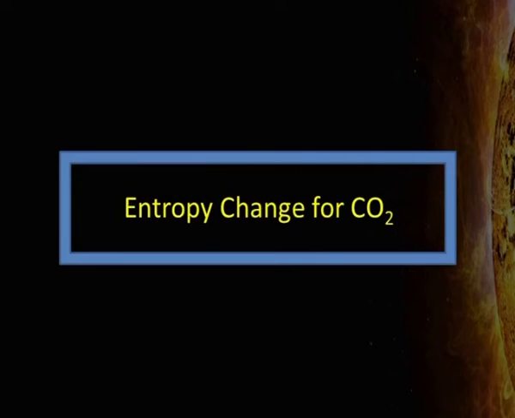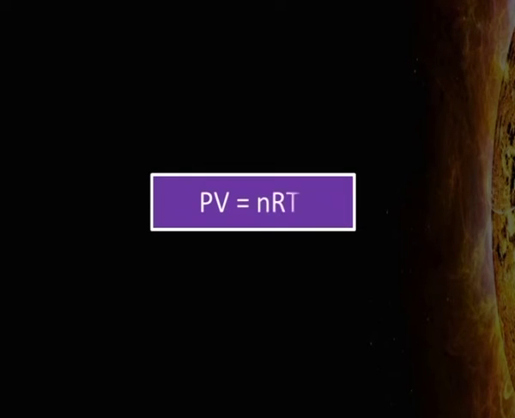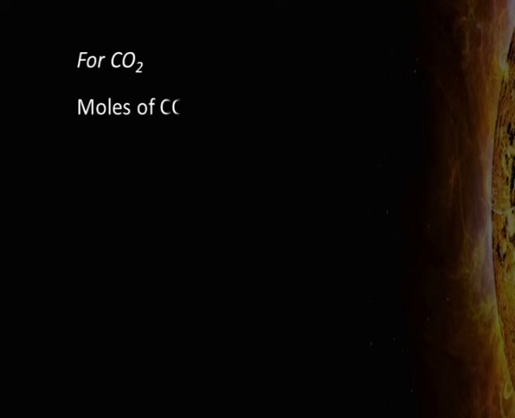For that, we need the number of moles of carbon dioxide. As you know that PV is equal to nRT, we can say that n will be equal to PV divided by RT, and putting the values of P, V and T, we will have number of moles of carbon dioxide equal to 10 to the power 5 multiplied by 0.7 divided by R multiplied by 298.